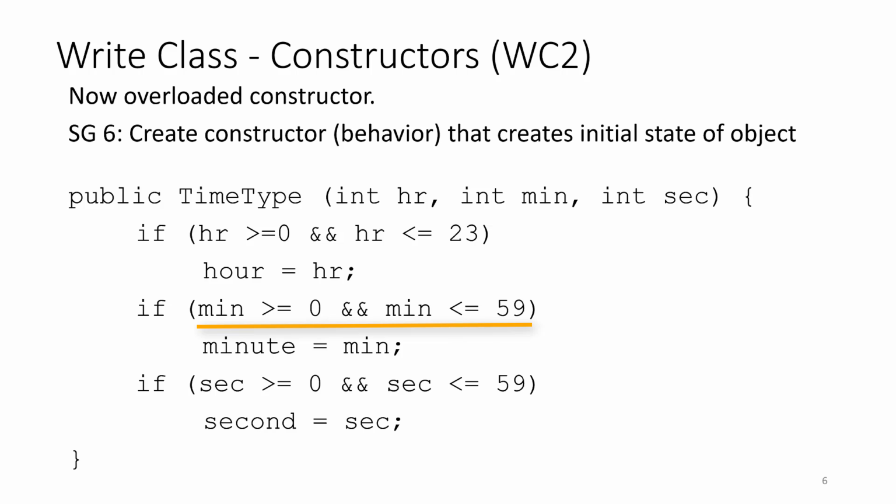Min has to be between 0 and 59 inclusive before we assign it to the instance attribute minute, and sec has to be between 0 and 59 inclusive before we assign it to the instance attribute second. It's always important to make sure that any data that comes in as parameters is validated before assigning it to an instance attribute.